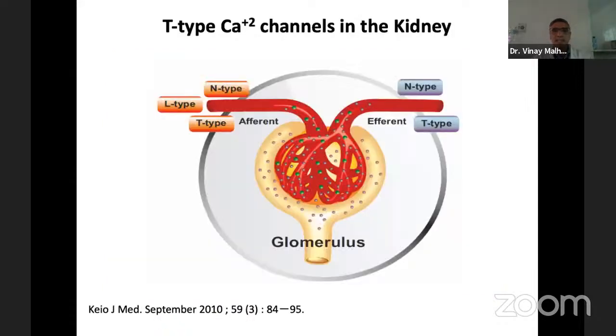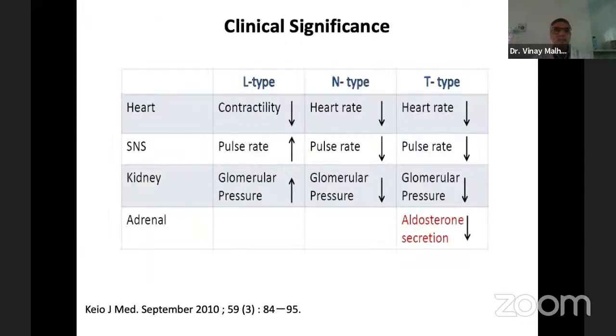So this is the diagram of glomerulus. You have afferent arteriole, you have efferent arteriole. T-type channels are present on the efferent arteriole. So any drug which is acting on the T-type channel will lead to the action on efferent arteriole also and will check the progression of disease. If the drug is acting only on L-type, it will increase the reflex tachycardia.